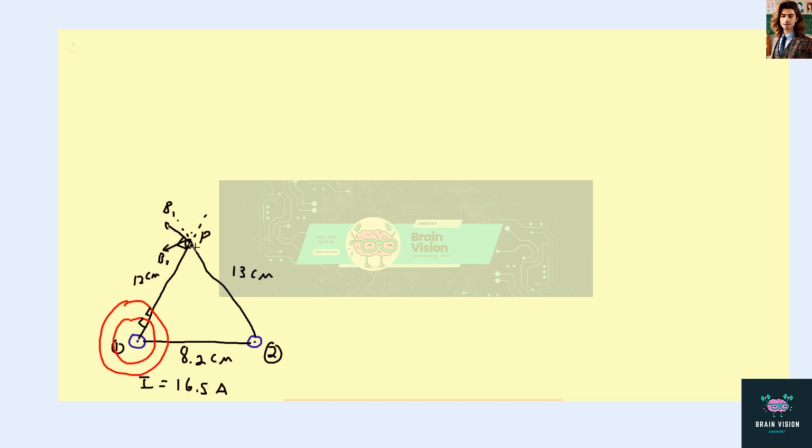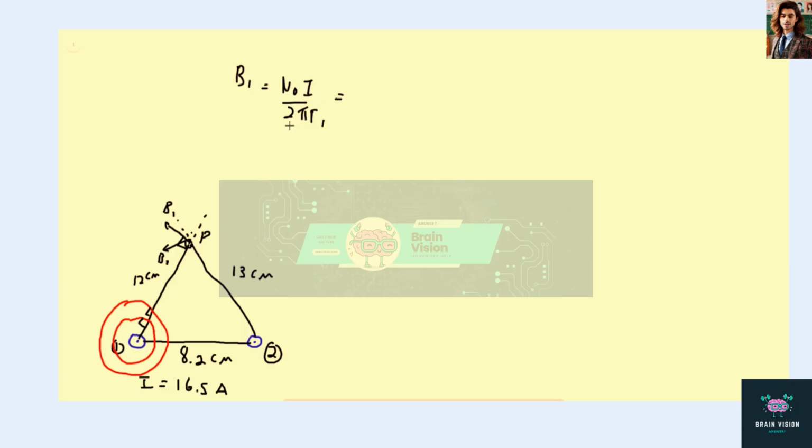So to start, we can do the easy thing and just find what the absolute magnitude of each of these two fields are. So B1 is just the field from a long wire, so mu naught times I over 2 pi R1.